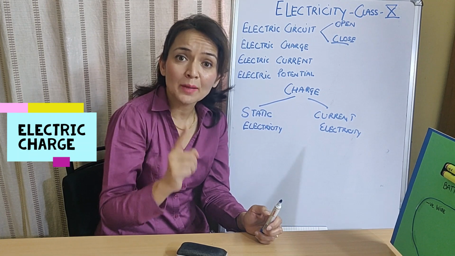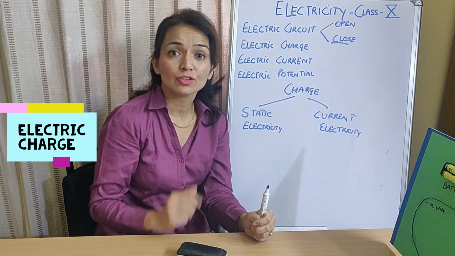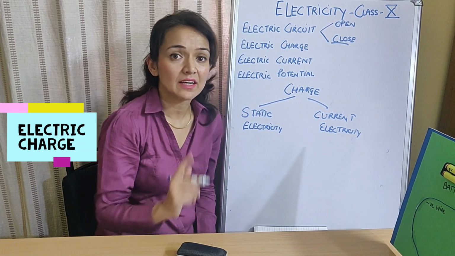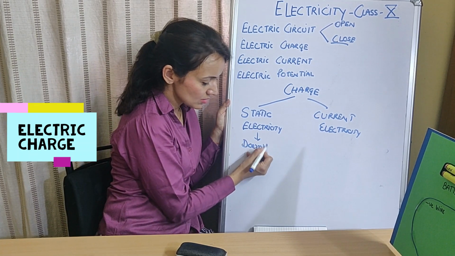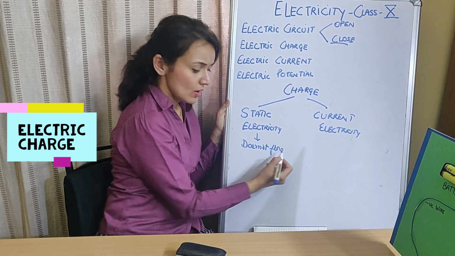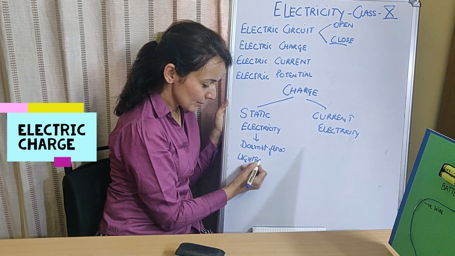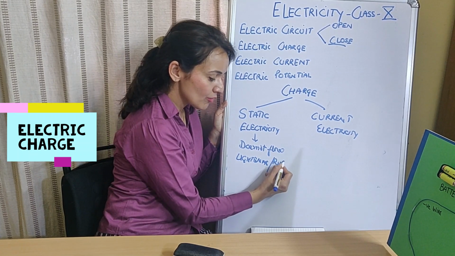So that type of electricity which is confined to a particular region through the electrons is called static electricity. That is, it does not flow. An example of this is lightning or rubbing of a comb.